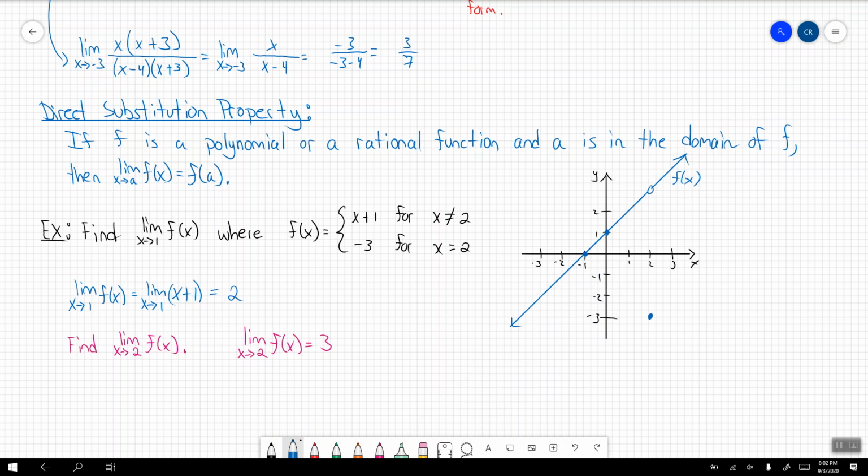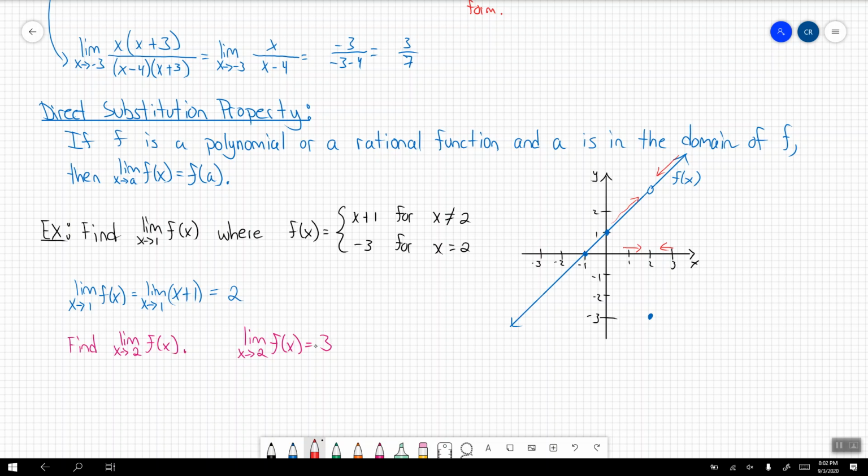Now, back to how I was trying to represent this limit. As x is approaching 2, for this question down here, as we're traveling along the function, that output would just be this output here of 3.